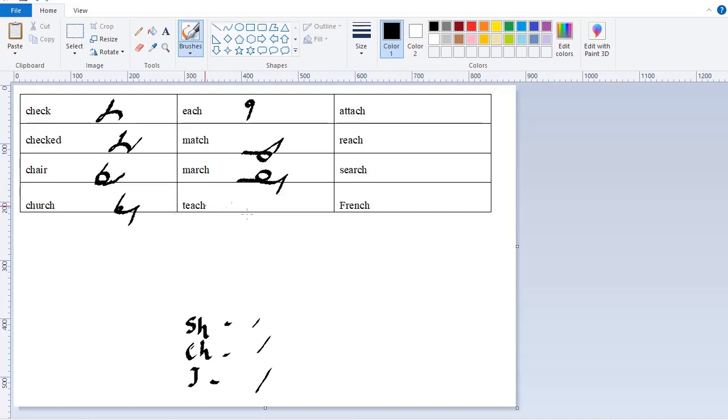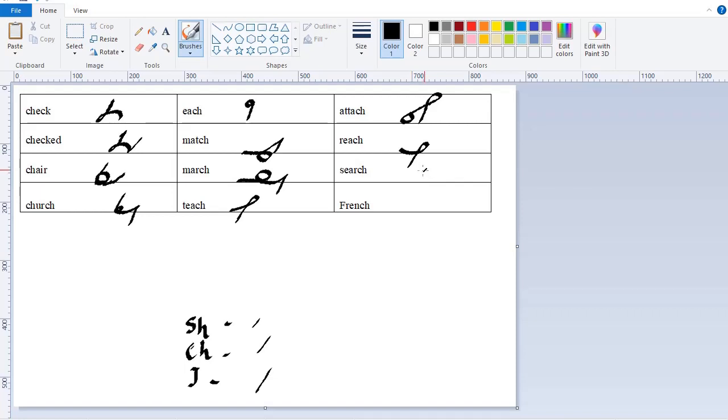Okay? Next, we have "teach." So, T, E, and then CH. Teach. Next, "attach." We have A, T, A, CH. Attach. Next, we have "reach." So, we have R, E, CH. Reach.